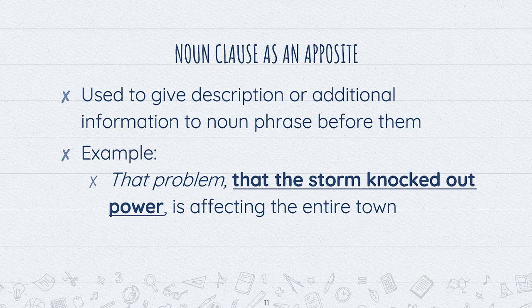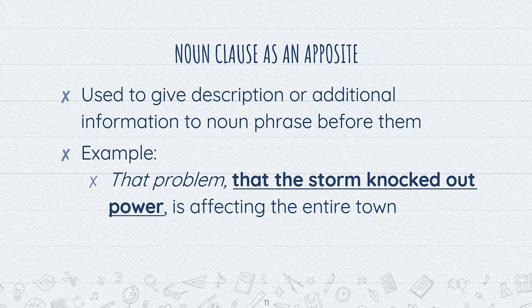Here the function of the noun clause is actually to give description or additional information to the noun phrase before it. It is almost the same as subject complement and object complement, but the difference here is that it is not the subject or the object that gets additional description or information, but the noun phrase that gets the additional description or information.